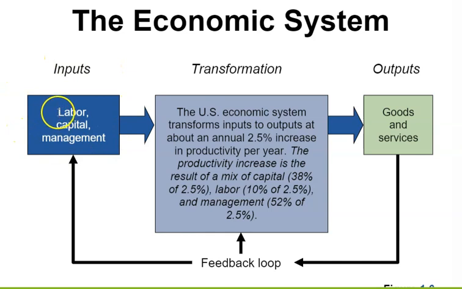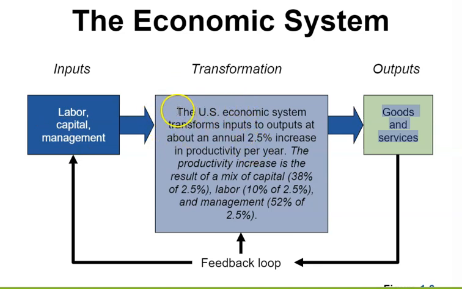Examples of inputs that we can consider in this case: labor, capital, and management. We use procedures, transformations to create output, goods and services. Right? So the higher the outputs and the lower the inputs, that will help us to have a higher productivity.